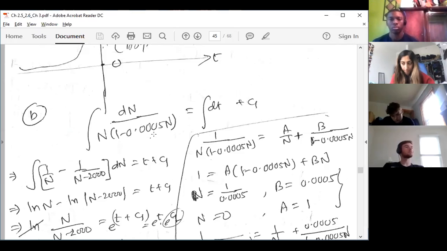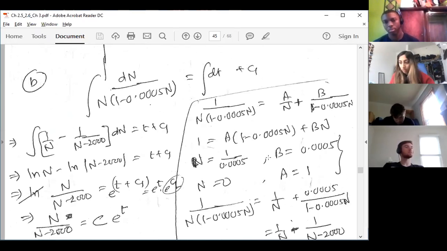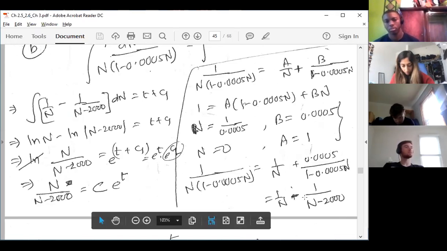Here we have a product of two functions in the denominator. Again, go for the method of partial fractions. I have done the partial fractions over here on your right side. So 1 over n times this is a over n plus b over the linear factor. Find your a and b using this partial fraction method. If n equal to 0, this part will be 0.